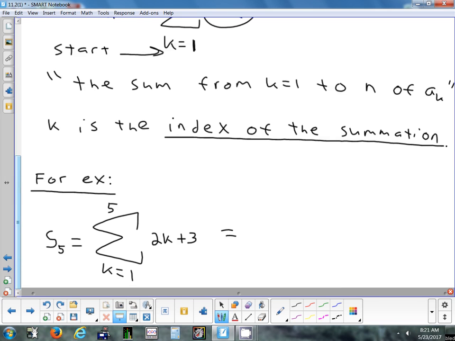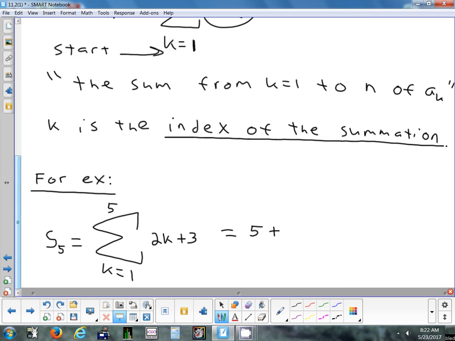What do you get if you plug in 1 for k in the formula 2k plus 3? 5. And I'm going to put a plus sign. Why do I put a plus sign? Because of that capital Greek letter. Sometimes as I start writing them, they start to look a little sloppy, but just to kind of show you exactly how it should look. That's what it should look like.